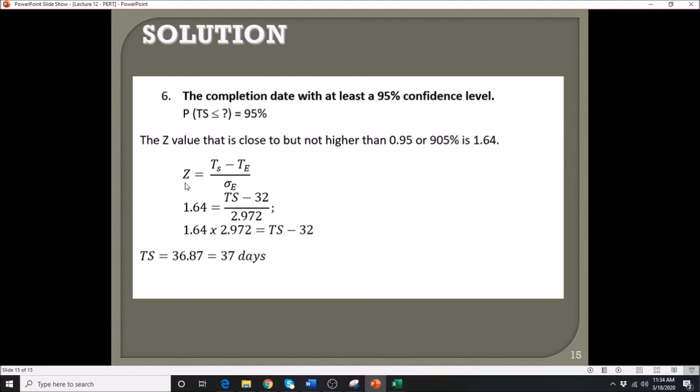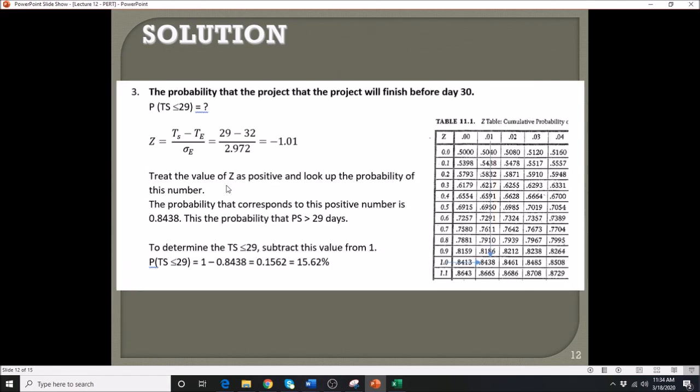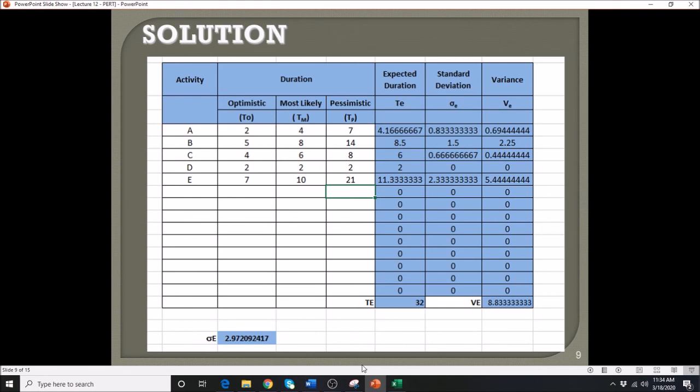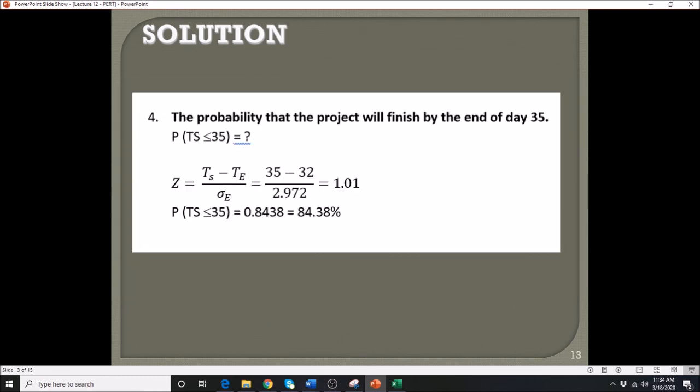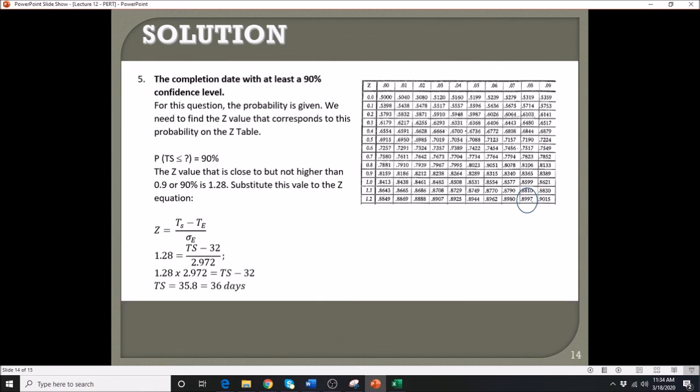Plug that into our equation. That's your Z equals TS minus TE all over the standard deviation of your E. So where are we getting this value again? From the Excel. This one here at the bottom, that is where we're getting that 2.97, and I just used two decimal places.